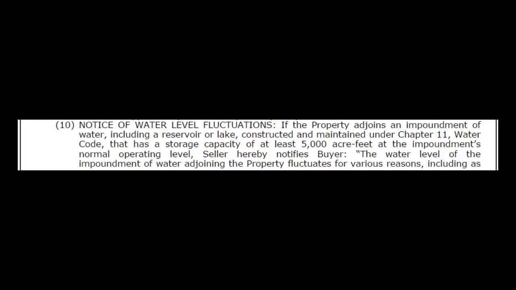So TREC is smart. They went ahead and just amended the contract to give notice to every single buyer buying every single piece of property, whether it has water or not, that if they are buying a property that has a body of water on it, and that body of water happens to fluctuate, now you've been given notice that that's a potential risk here.